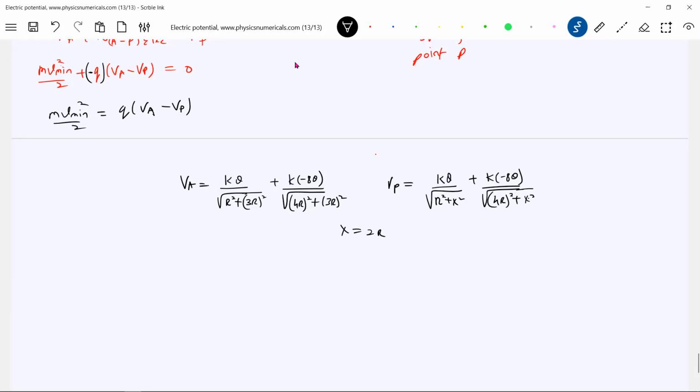Solving that, I'll get the expression for V minimum, a little bit lengthy: KQ by R times 6 root 5 plus root 10 minus 16. This is your answer.